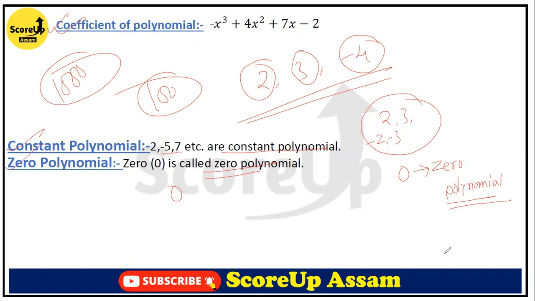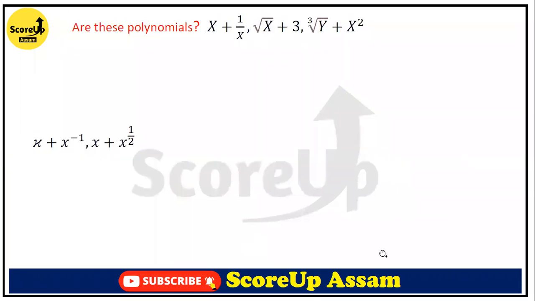Okay. Now we shall move to the next slide. Now let's check, is x plus 1 by x a polynomial? Let's check the power of this variable. So x plus 1 by x, we can write it like this: x plus x to the power minus 1, right?